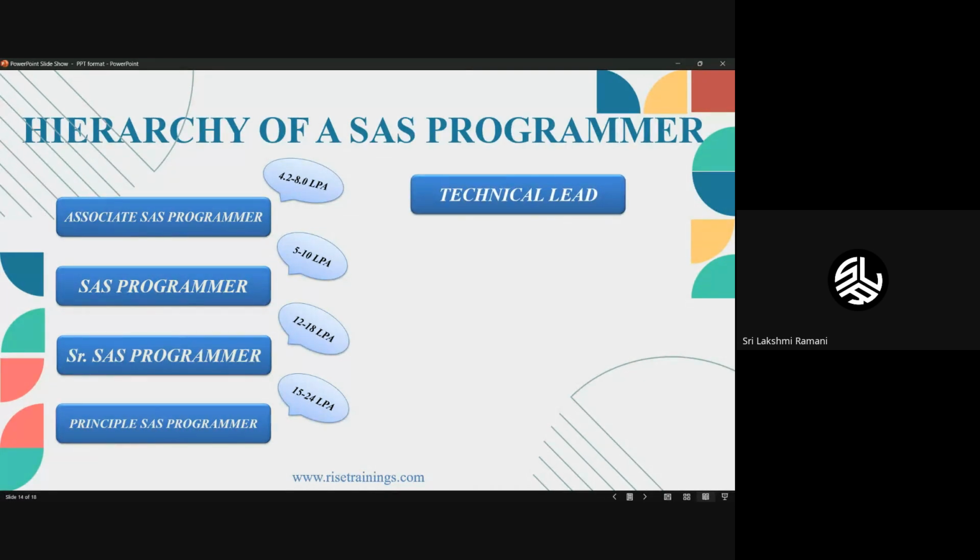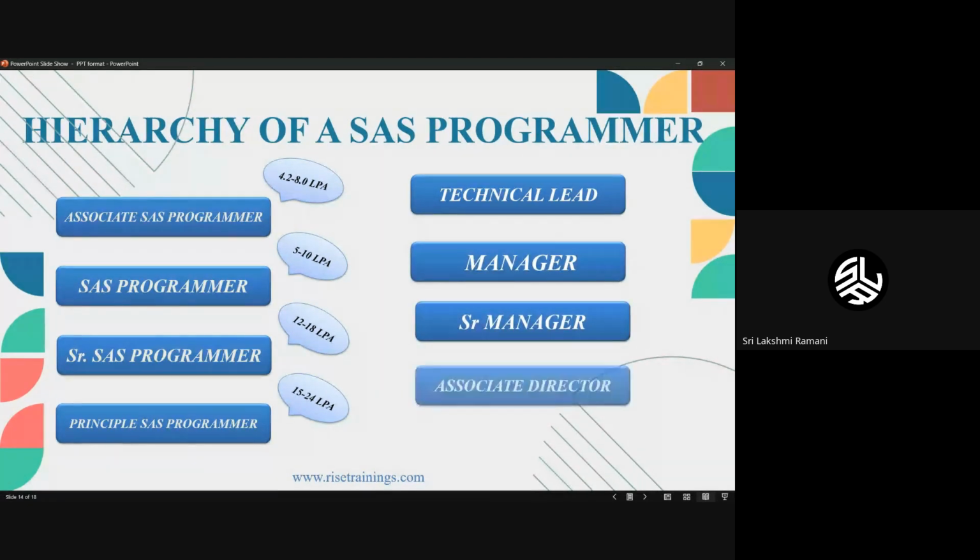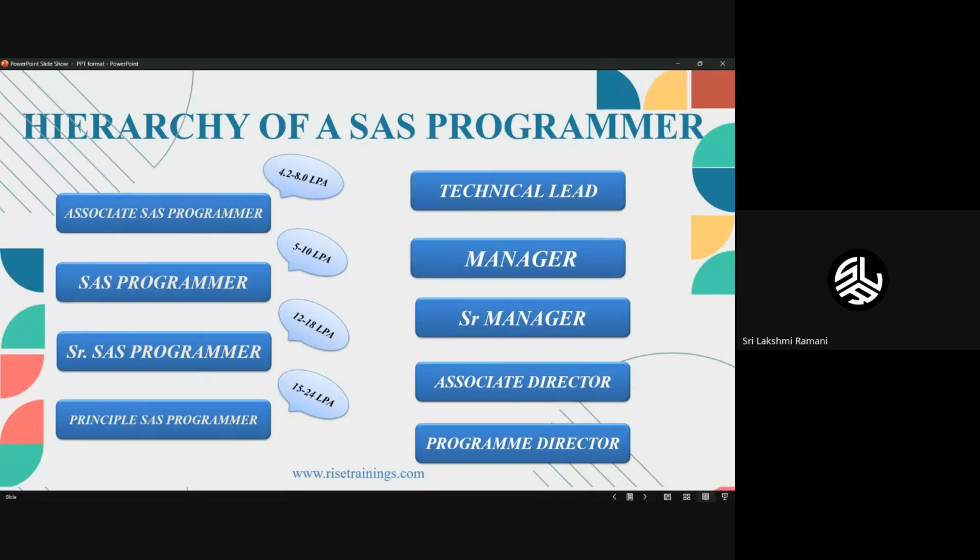After a few years, you can be a technical lead, manager, senior manager, associate director, and finally the program director. Clear about the hierarchy? I'll take it as yes.